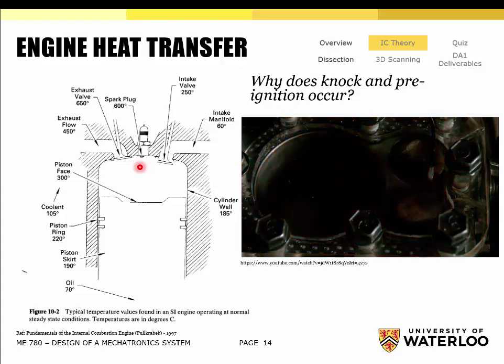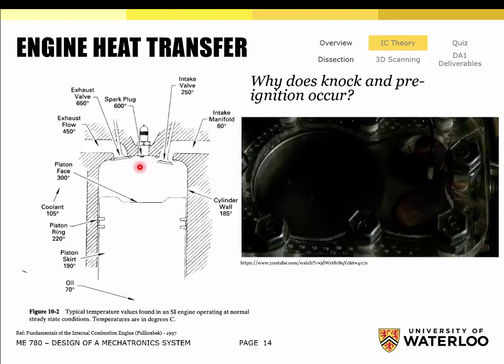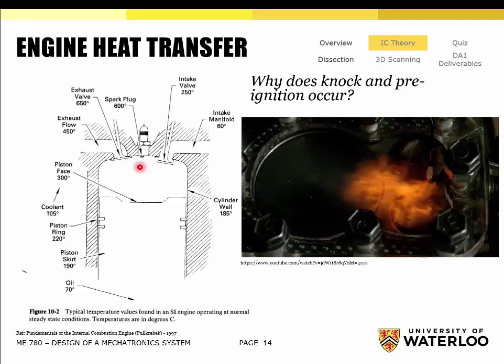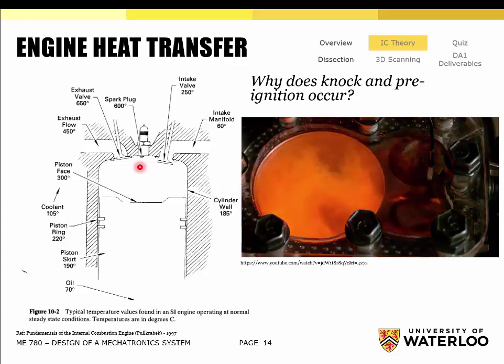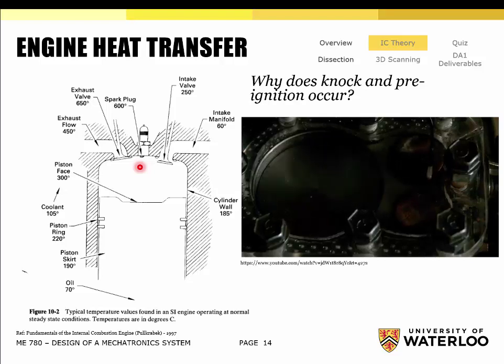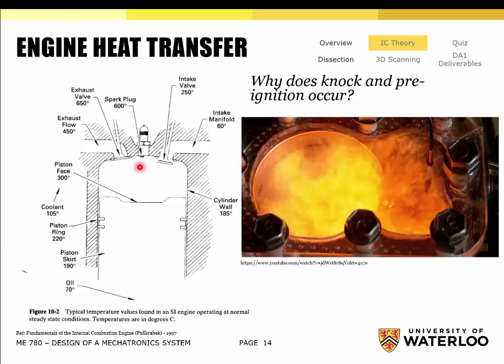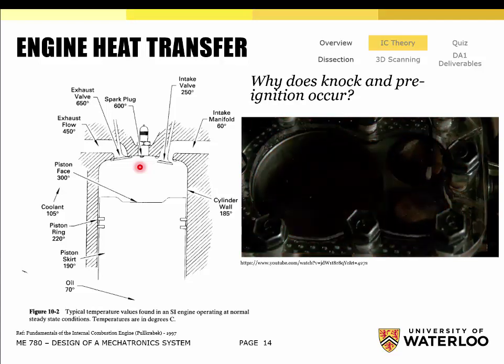On the right, you can YouTube this if you'd like, there's a slow motion video, I think 3,000 or 4,000 frames per second, of an engine with a clear cylinder head. They've modified the cylinder head to move everything out of the way so you can see the combustion event happening. The spark plug is a very small electrode right here.